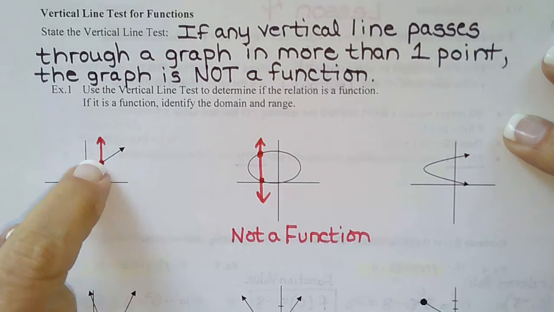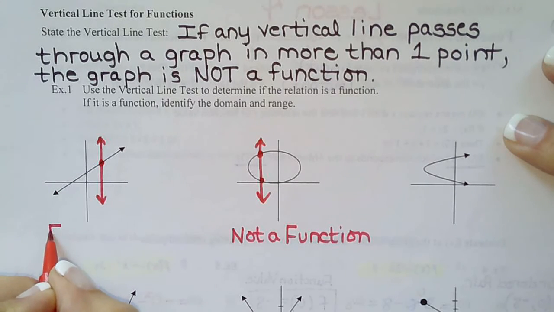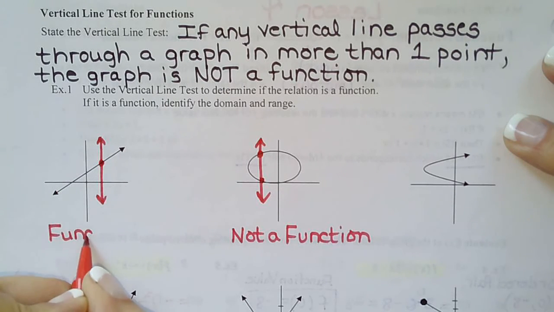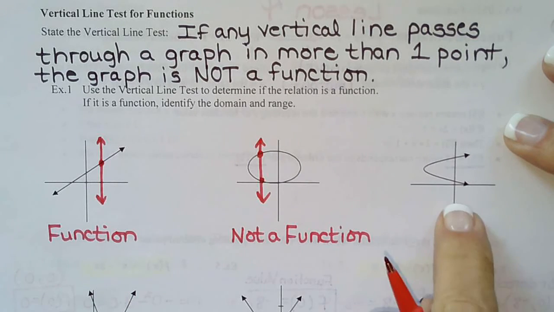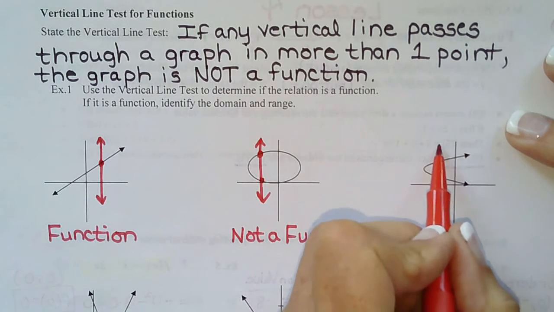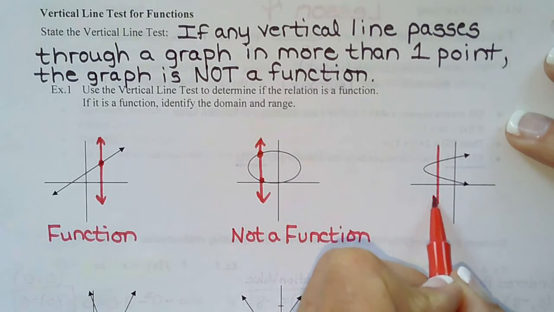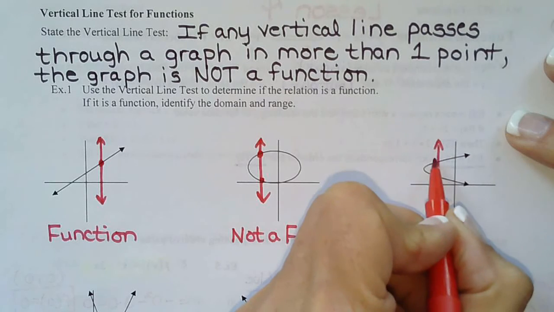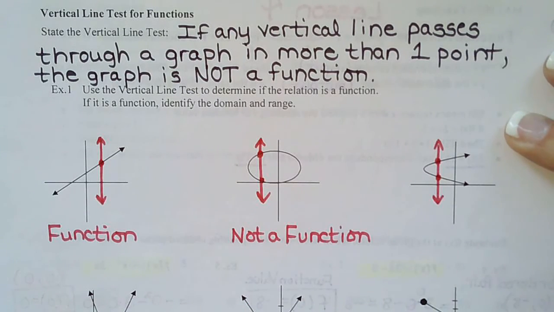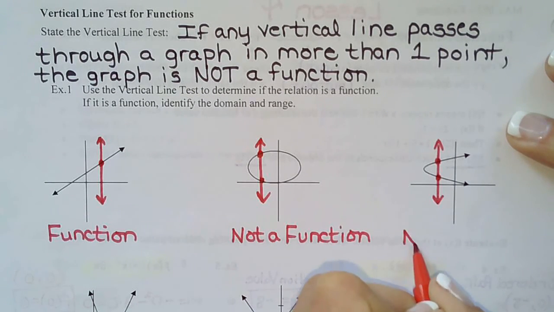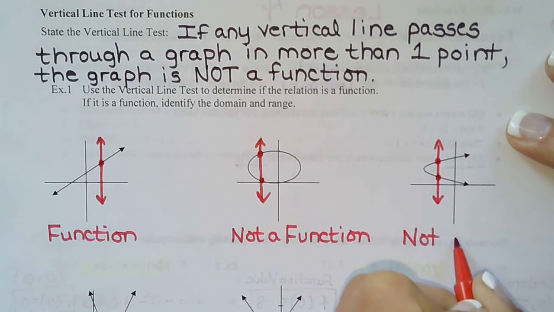Nope, it only intersects it in one point, so this is a function. Now let's look at this horizontal parabola. Vertical line passed through this intersects it in 2 different points, so this also is not a function.